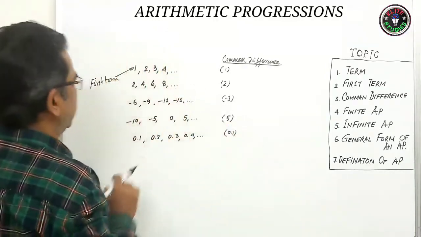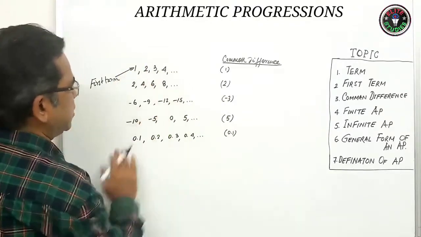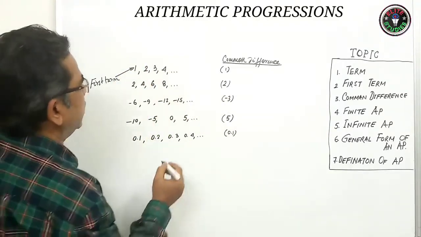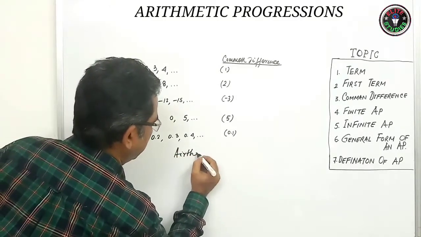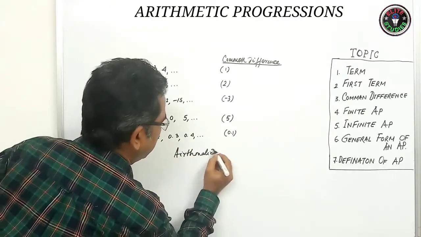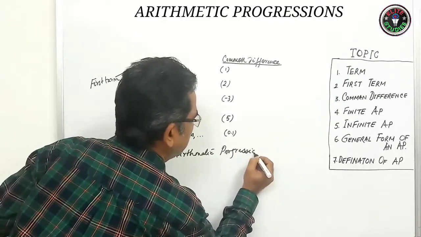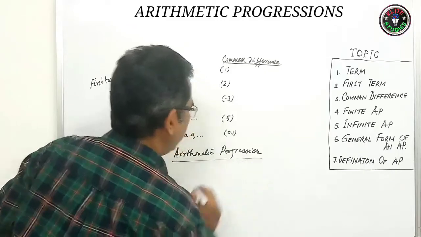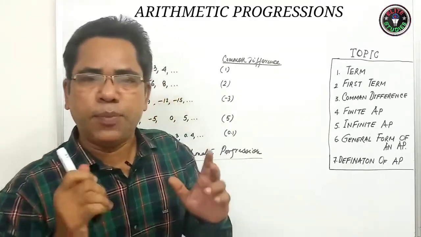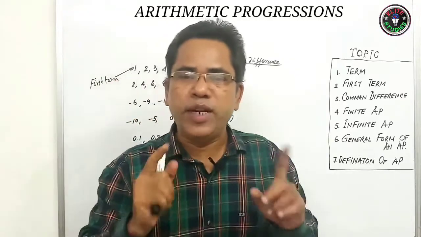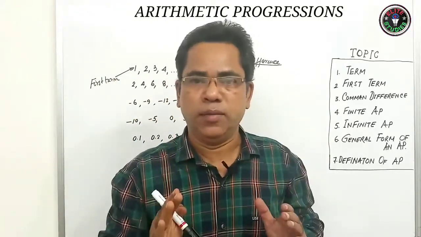So dear students, we have seen that such types of patterns are called arithmetic progression. There are 3 types of progression: arithmetic progression, geometric progression, and the third one, harmonic progression.